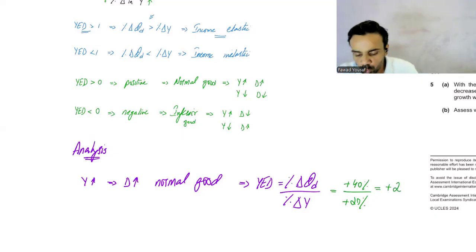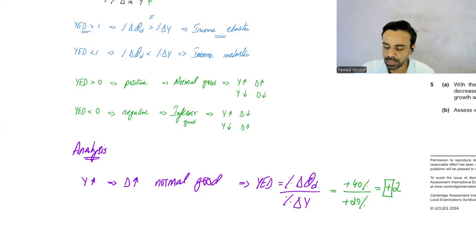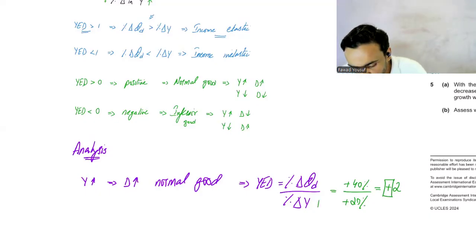What this plus represents is that this is a normal good, and I've used the formula to explain that for a normal good there is always a positive value. If income goes up, the demand goes up.